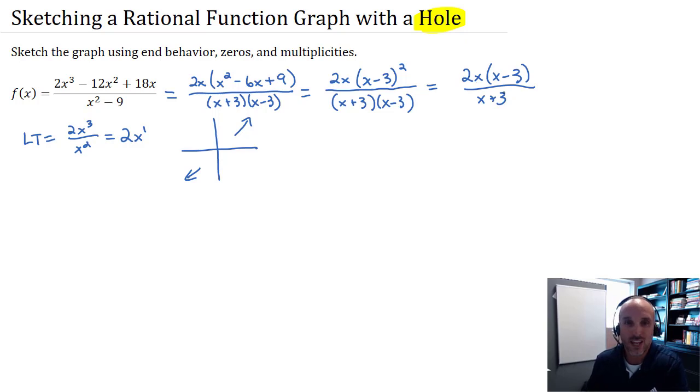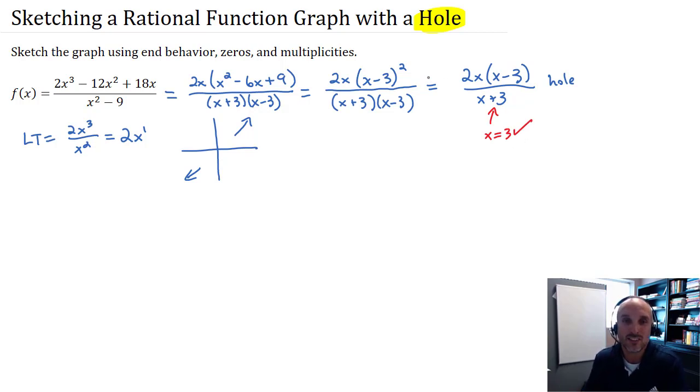When that cancels, you're left with a hole at the x value that you canceled off. In this version of the function, x cannot equal 3, because if x were 3, our denominator would be 0. However, when you cancel that x minus 3 on the bottom, x can equal 3. That's okay now because the denominator is not 0.